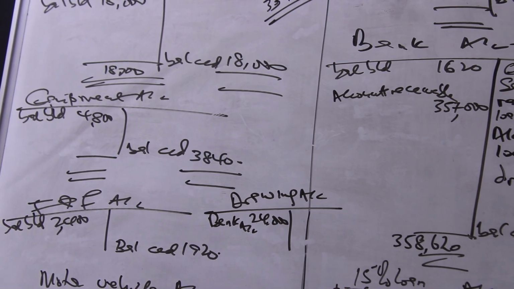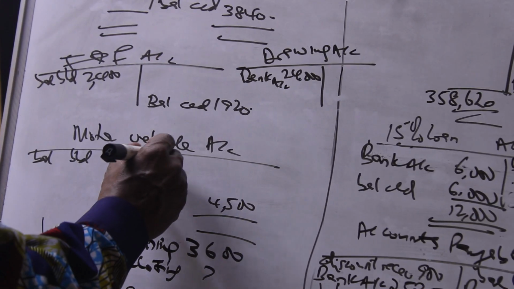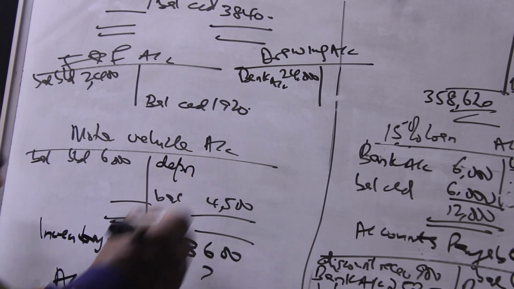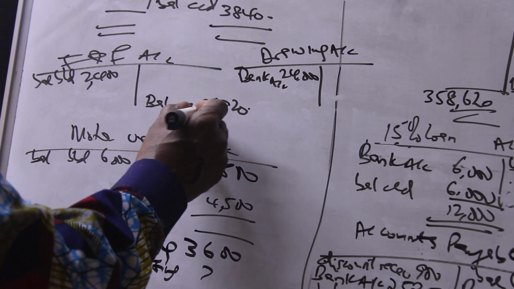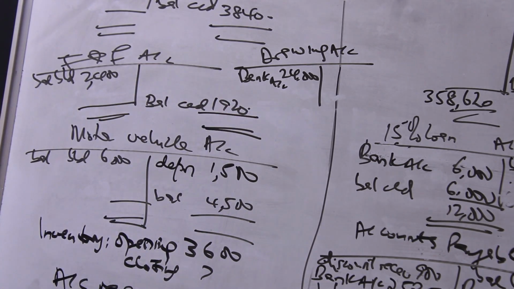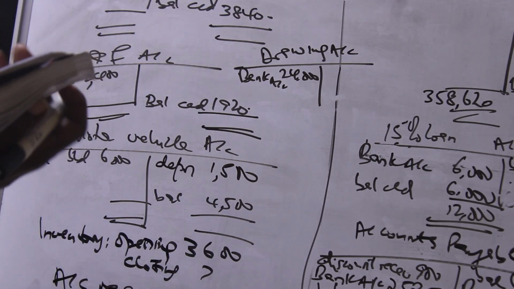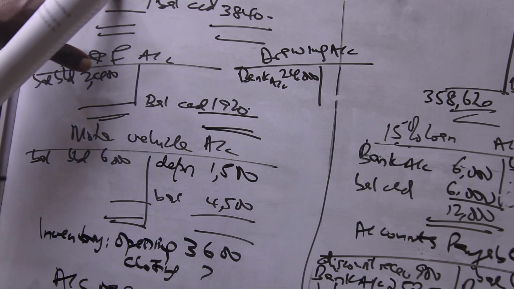And the rest is a matter of, if there is no movement in the motor vehicles, definitely we are talking about depreciation. We are talking about depreciation of motor vehicle of 1,500. We are talking about depreciation of furniture and fittings. There is something we bought: equipment. We added equipment.